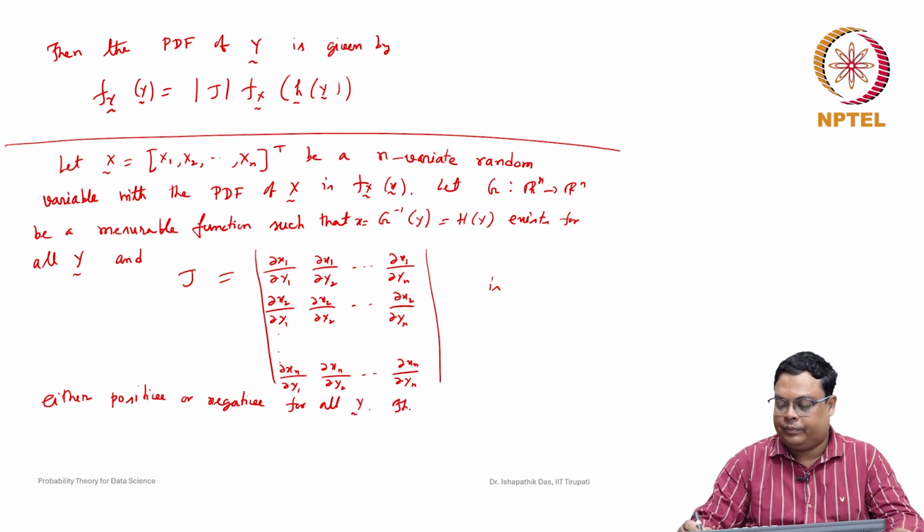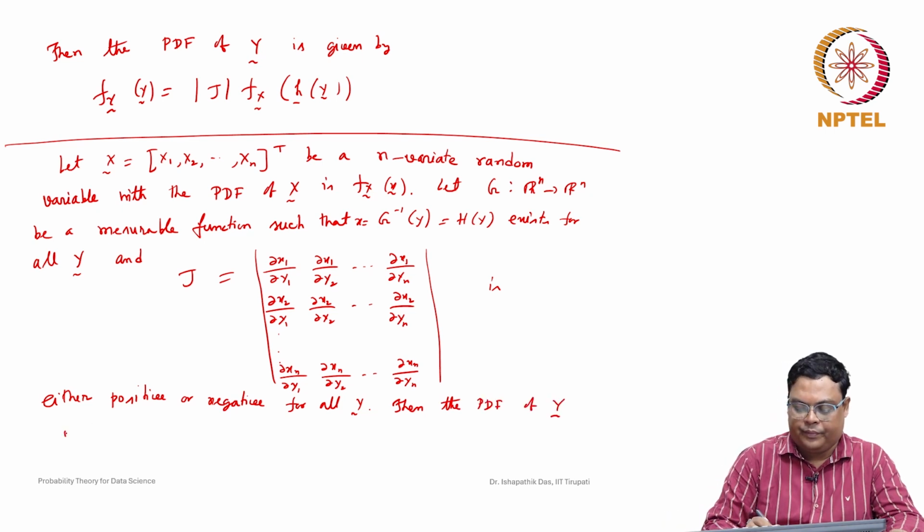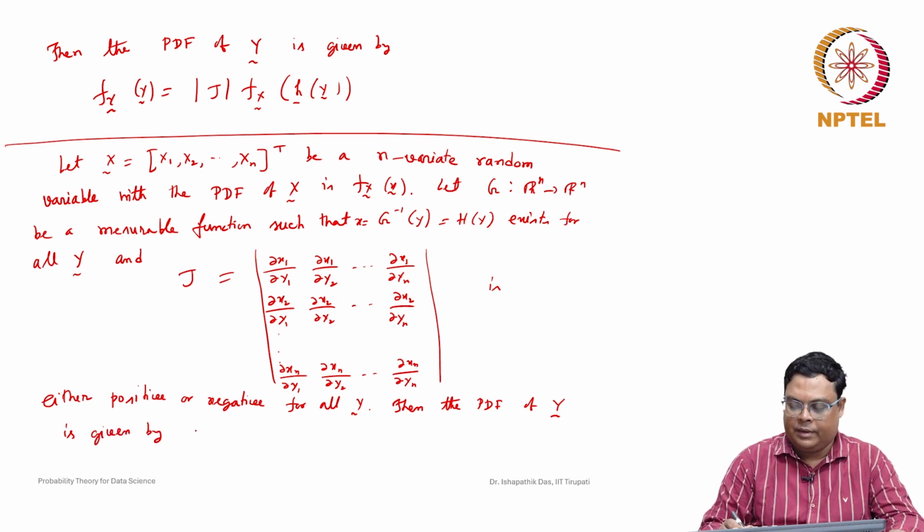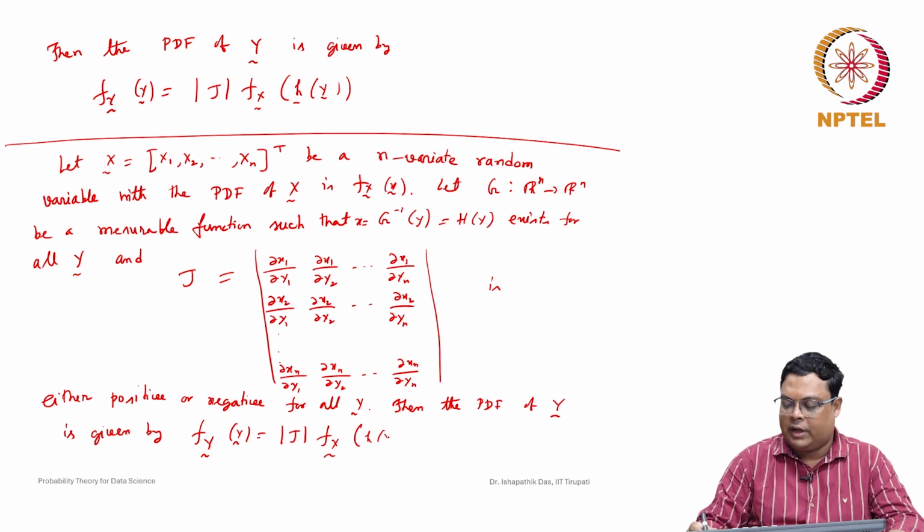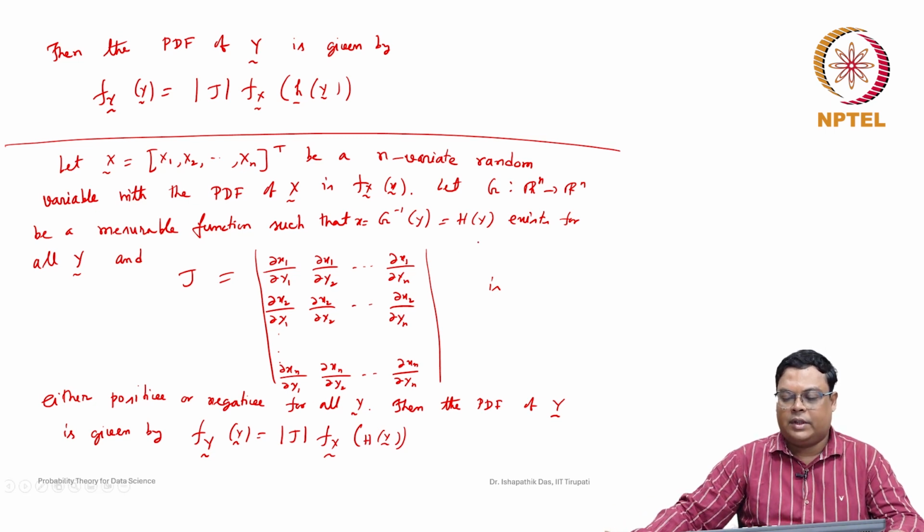Then the probability density function of Y is given by f of y equal to the absolute value of the determinant of the Jacobian times the density function evaluated at h of y. Here h is the vector function h(y). So this is the theorem.